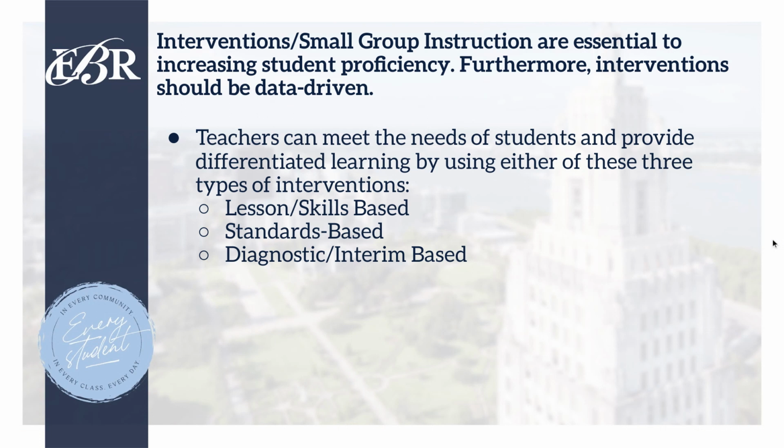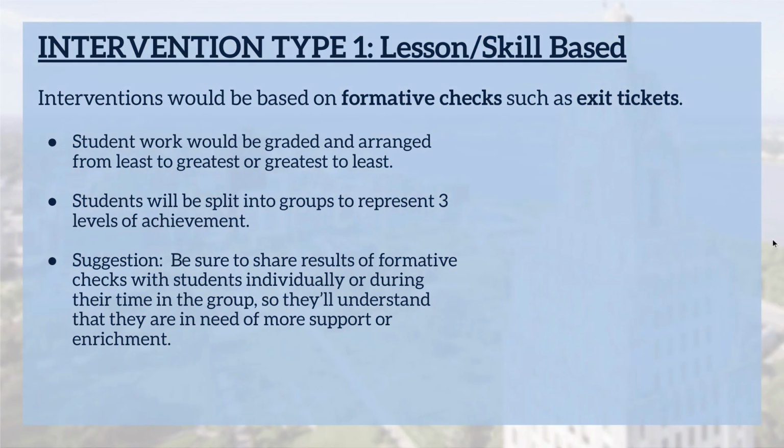So teachers can meet the needs of students and provide differentiated learning by using any of these three types of intervention: lesson skill-based, standard-based, and diagnostic interim-based. So with any of the intervention types, you want to make sure your student work has been graded and you have given feedback as well, and arrange those from least to greatest or greatest to least.